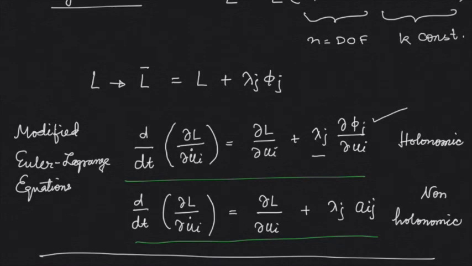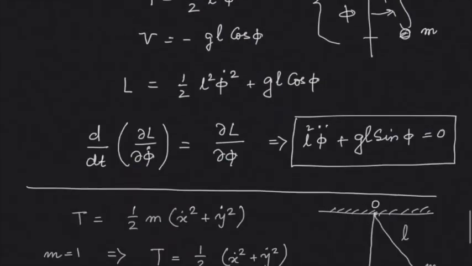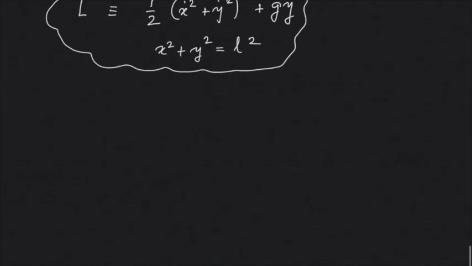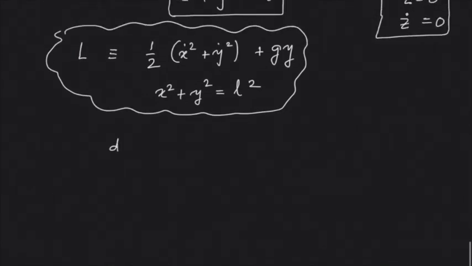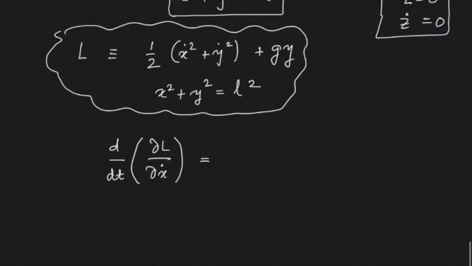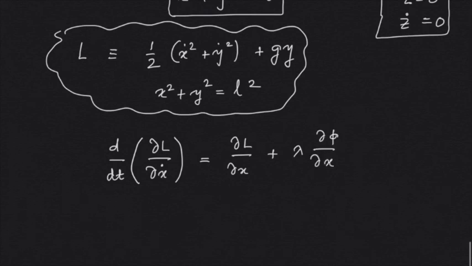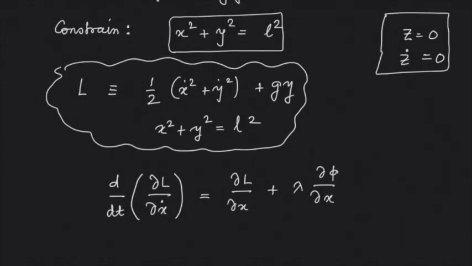I have only one constraint equation, so I have only one lambda. I have d/dt of, since I have two coordinates, I'll have two equations. So del L del x dot equals del L del x plus lambda del phi del x.